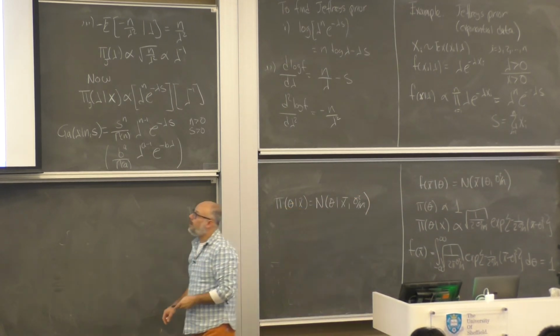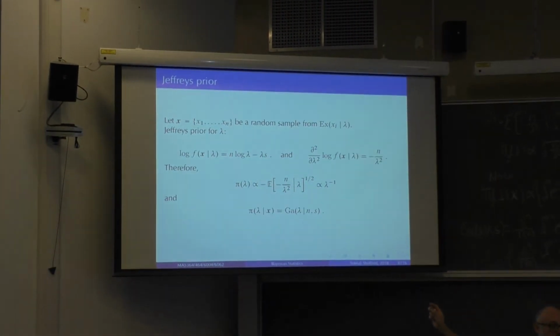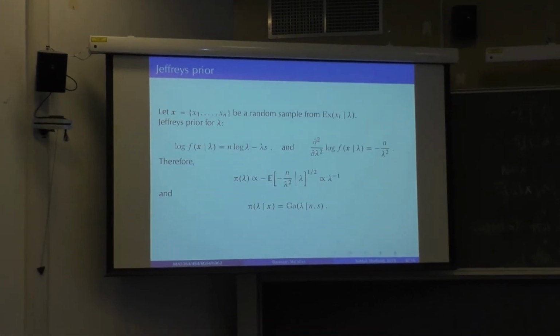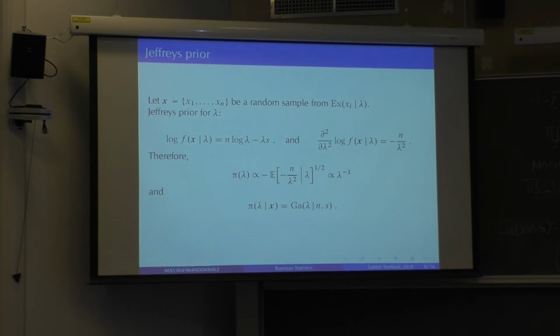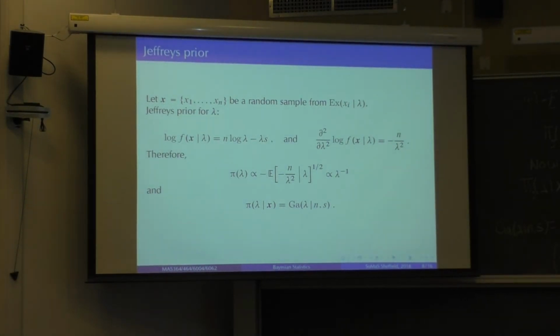Okay. So this is just half of the story. The other half of the story is what would happen if, instead of parameterizing the model in terms of lambda, the rate, I would be interested in, say, the mean of xi.